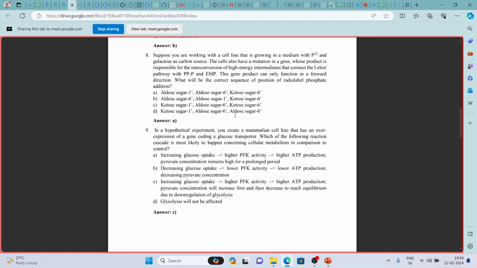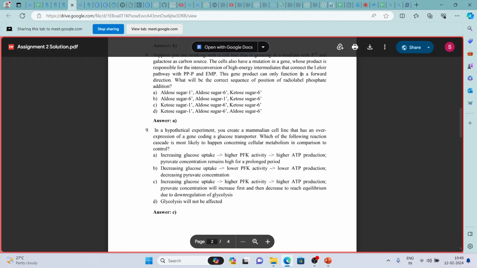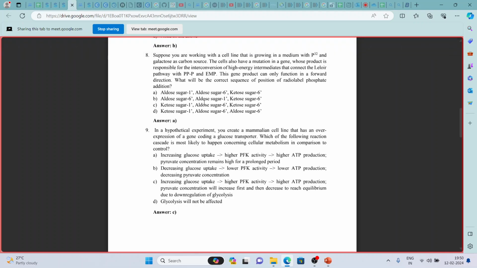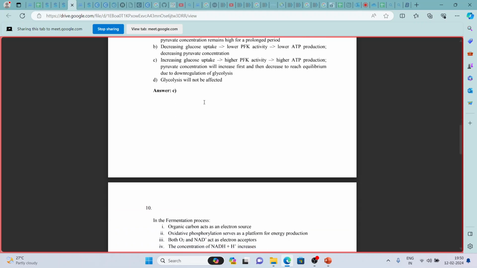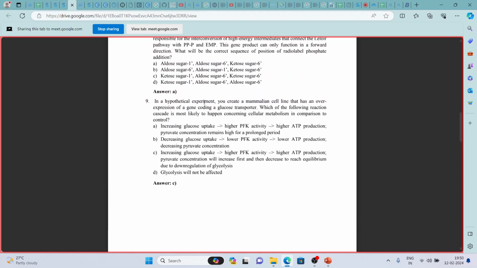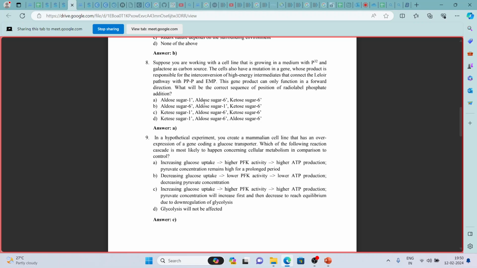What will be the correct sequence of the position of radiolabel phosphate addition? Okay, I need to check the pathway to be able to answer these three questions.